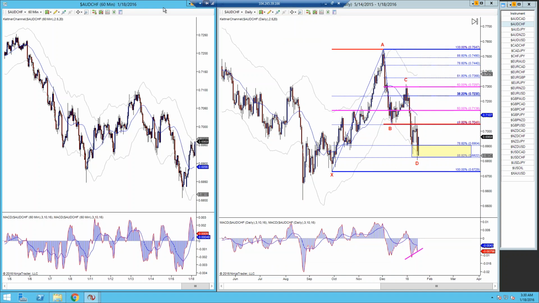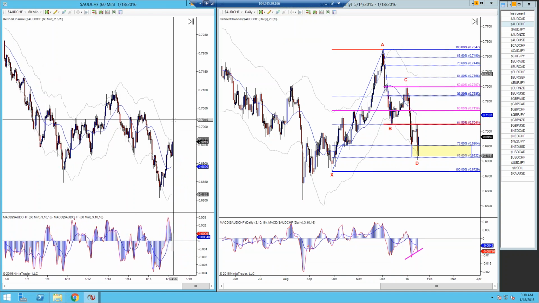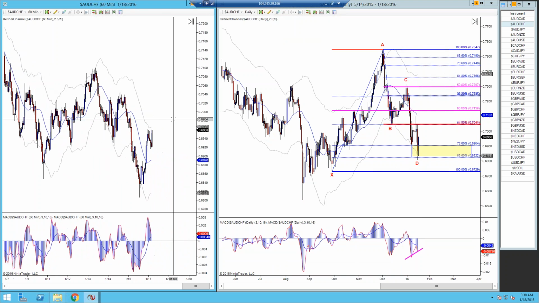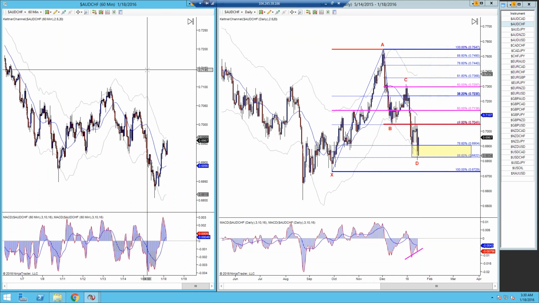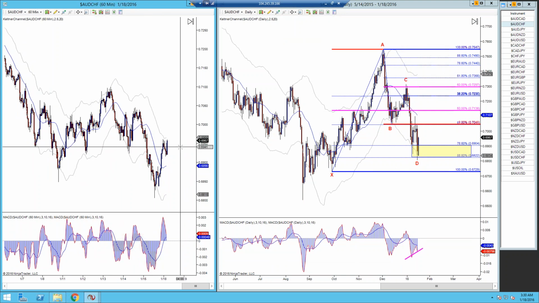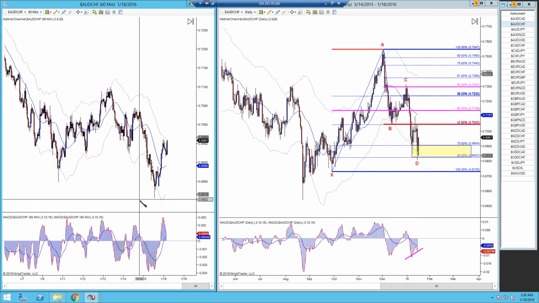Looking at the hourly chart, this market should be going higher. So I like the AUDCHF a lot higher, which means that you have risk to below here around 6,800.